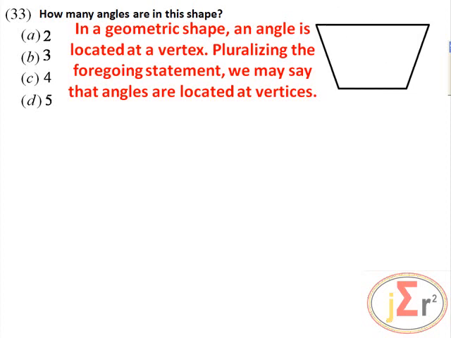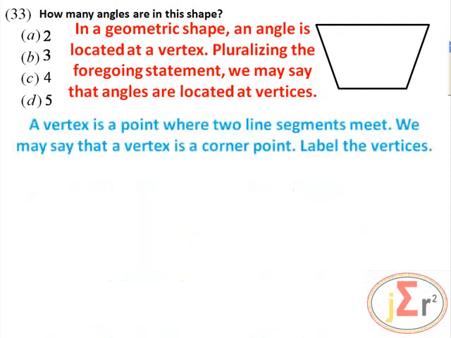So there is your shape. Angles are located at vertices. A vertex is a point where two line segments meet. We may say that a vertex is a corner point.